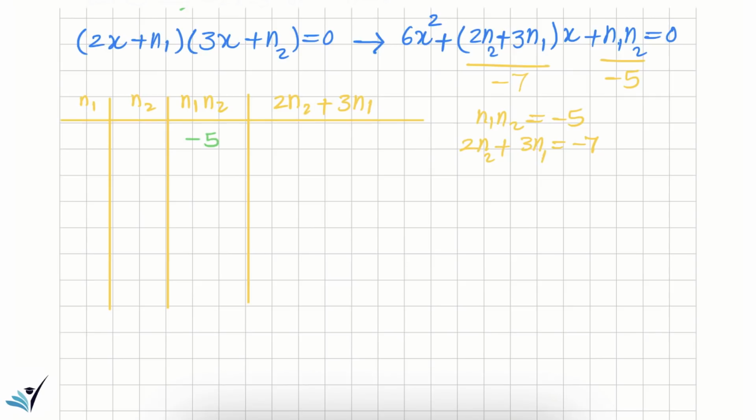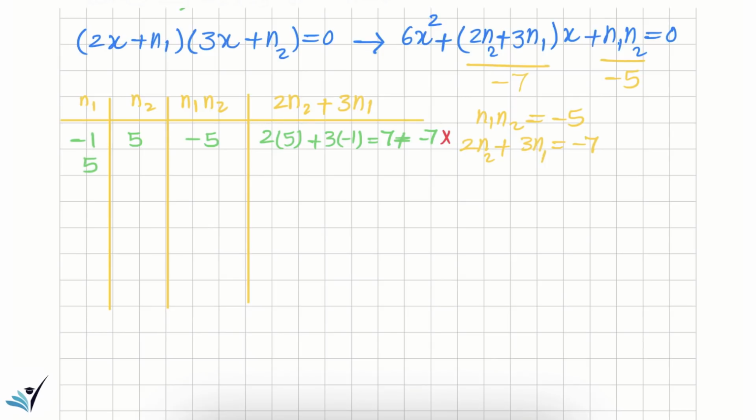Let's just start with -1 and 5. 2 times 5 plus 3 times -1 is equal to 7, which is not equal to -7. So that's not an answer that we're looking for.